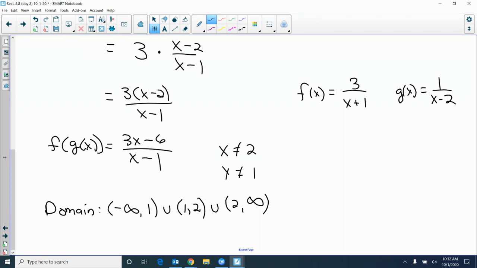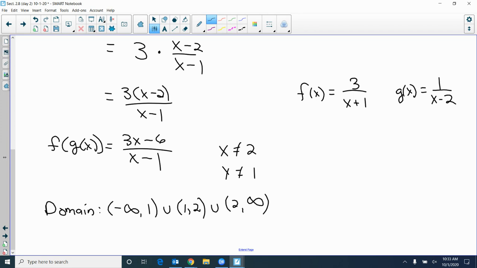That's not too hard to figure out. That's negative 1/3, right? And so what's f of negative 1/3? That is 3 over negative 1/3 plus 1. And now, does that have an answer? Yeah. So that means it's part of the domain.